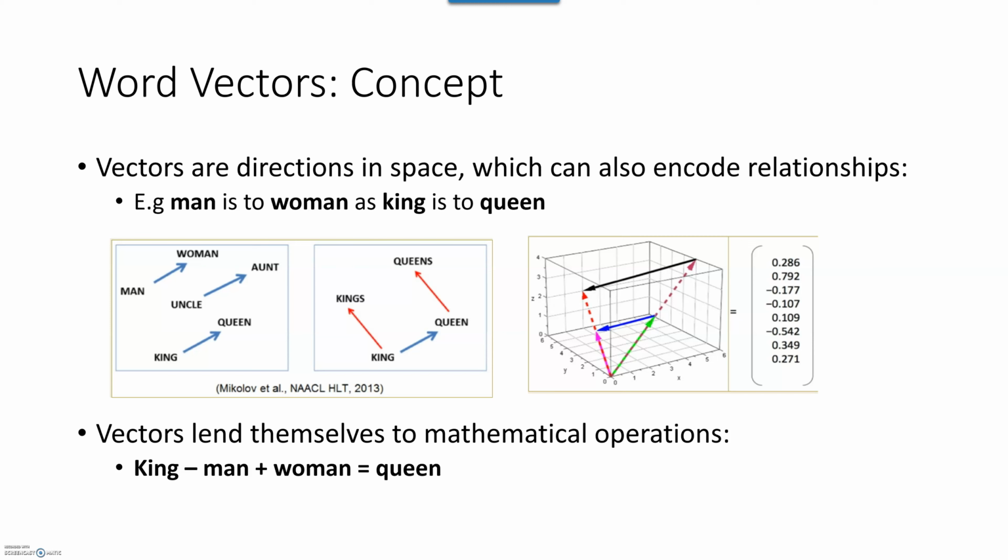Word vectors represent words as multidimensional continuous floating point numbers, where semantically similar words are mapped to proximate points in geometric space.